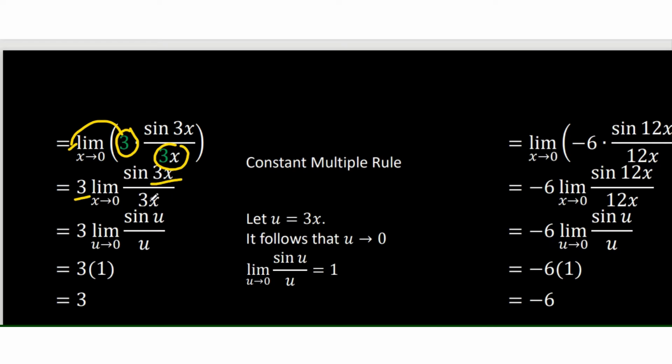So that 3x and 3x will now be the same. Okay, so we can now just replace sine 3x over 3x as x approaches 0 into sine u over u as u approaches 0, and substitute, that is equal to 1. So 3 times 1 is 3.